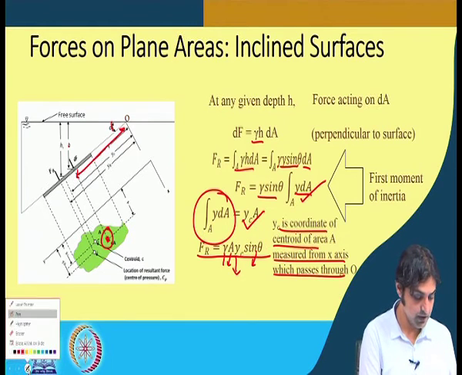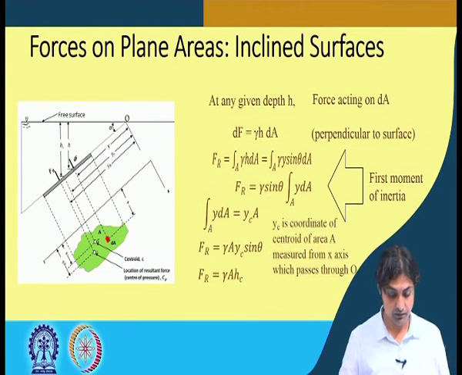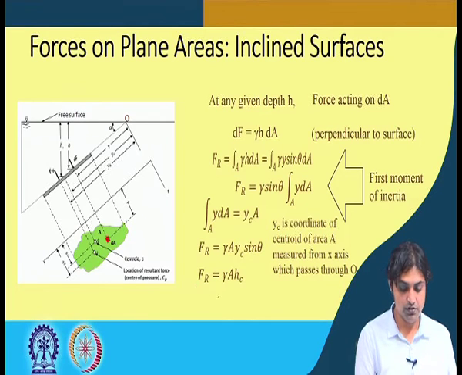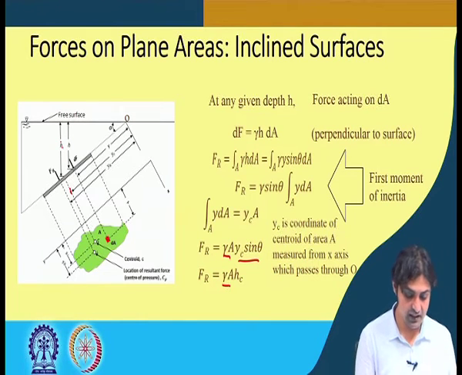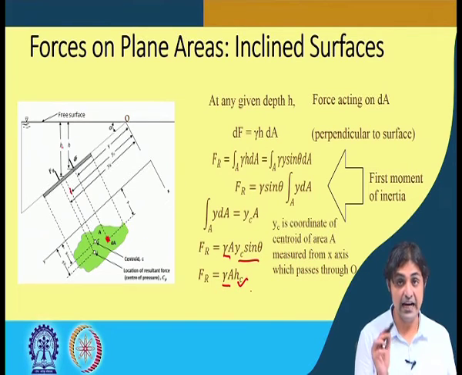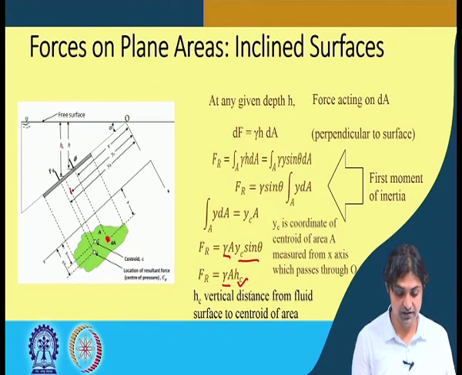I will just erase all the ink now. Or we can also say gamma A from here and yc sin theta. What is yc sin theta? Yc sin theta can be written as hc. hc is the height of the centroid from the free surface.